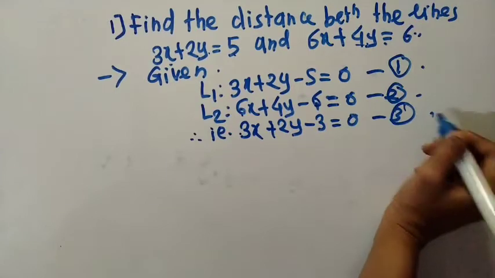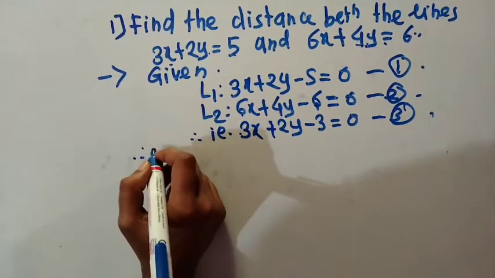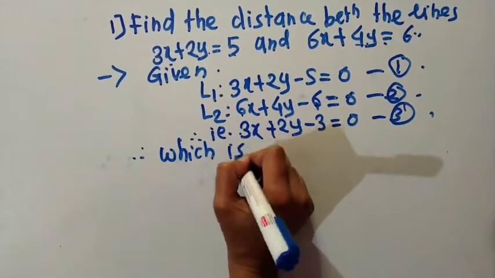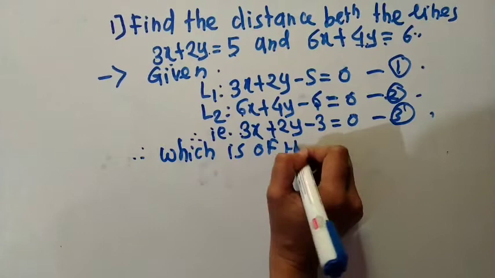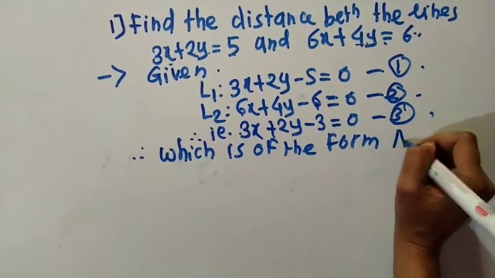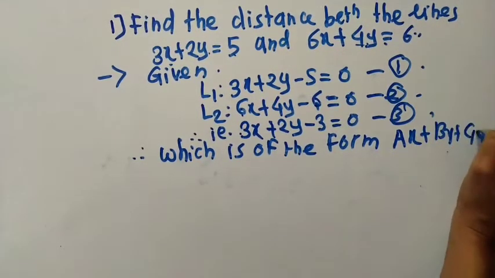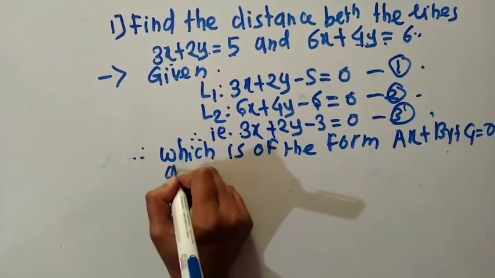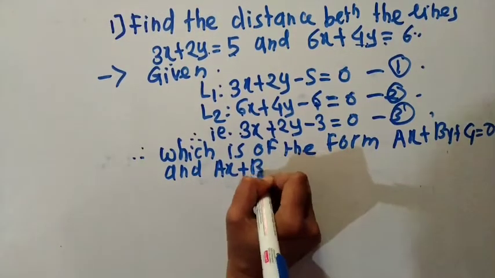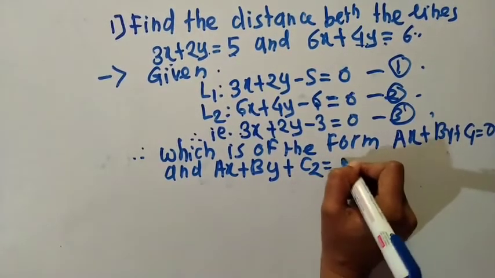This is the third equation, which is of the form ax + by + c1 = 0 and ax + by + c2 = 0.